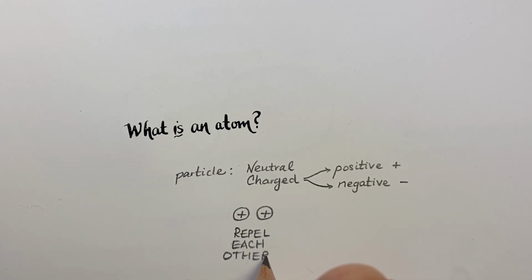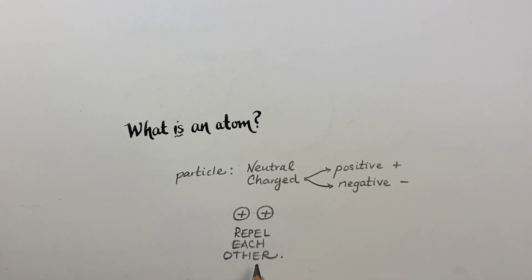So there are physical forces between them where they actually will be more stable if they move away from each other. And you can see this sometimes with a magnet.